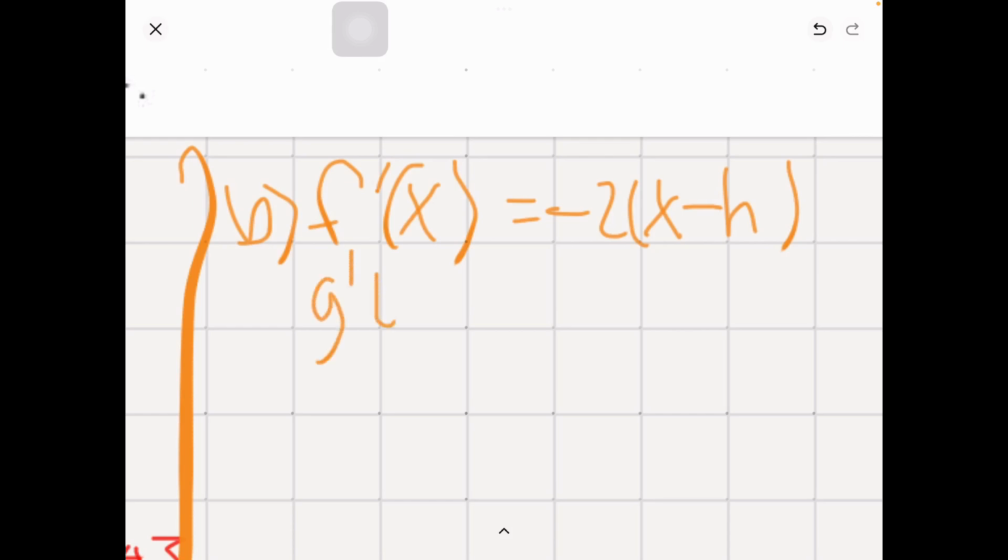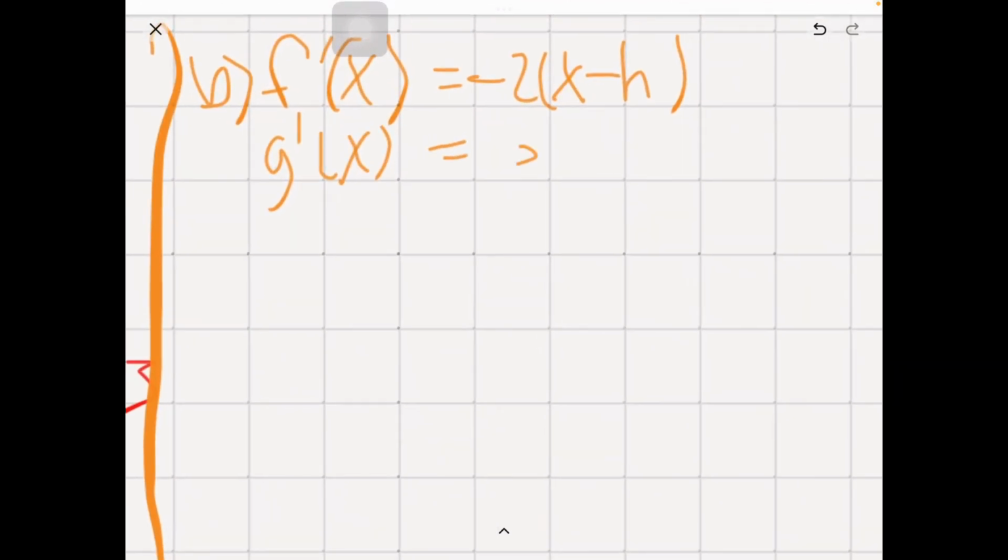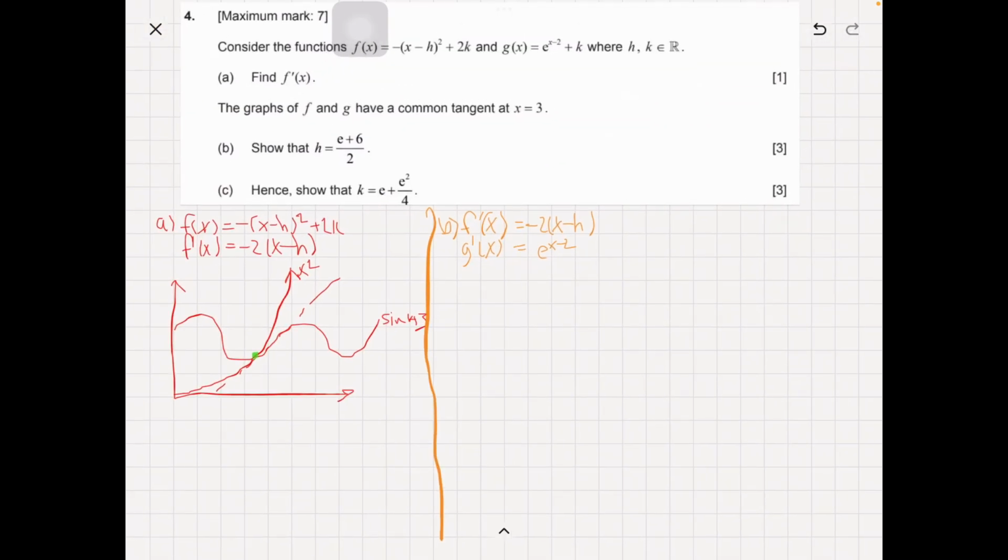So g primed of x is equal to, well, any exponential function, if you take the derivative of it, it just becomes itself, unless there's a function inside, in which case you have to apply the chain rule. So here there's also an implicit chain rule, but I'm just going to write down e to the x minus 2. And if you're wondering where the k's went, the k's are just constants, right? And the slope of a horizontal line is just 0.